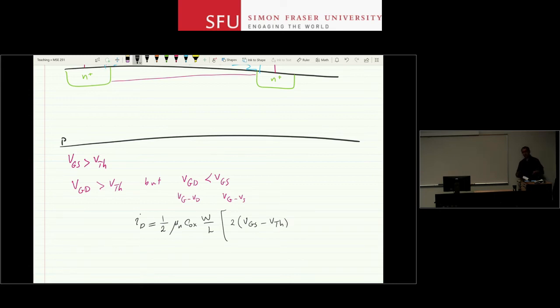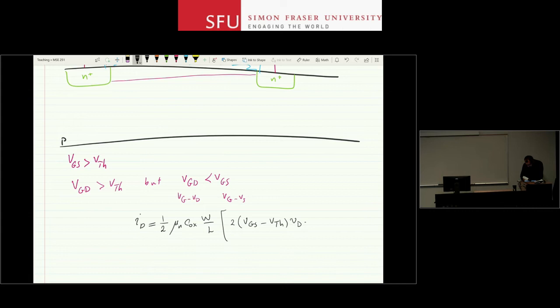So far this is what we had before, right? 2 VGS minus VTH inside the brackets cancels the 1/2 in front of it. This is the relationship that we had before, but because of this change in the geometry of the resistor, once you do the calculations, you'll see a new term here.